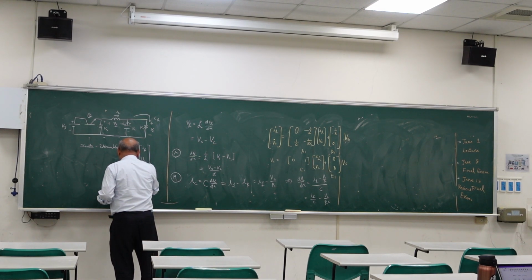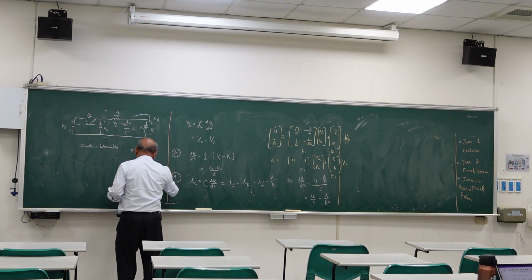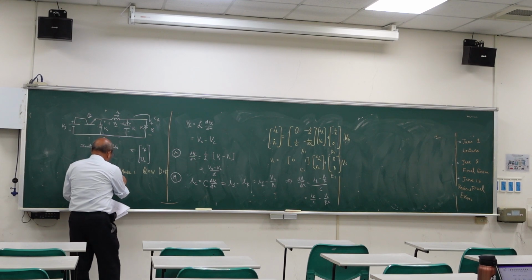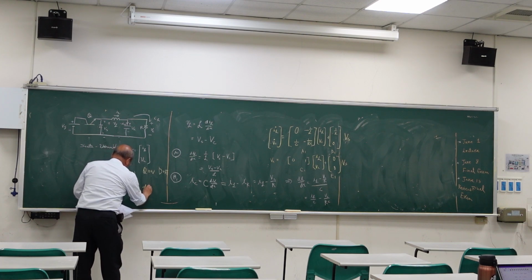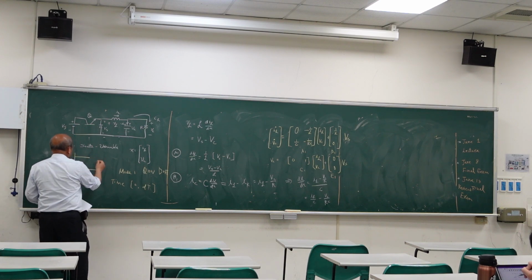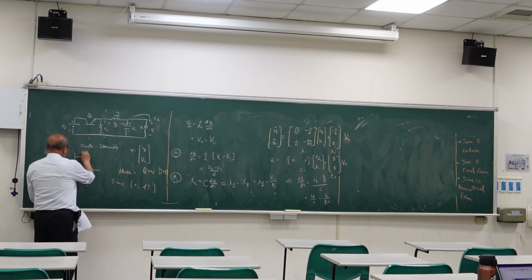So we call this mode 1. What is mode 1? It is the time interval from 0 to dT, at which time Q is on and D is off.